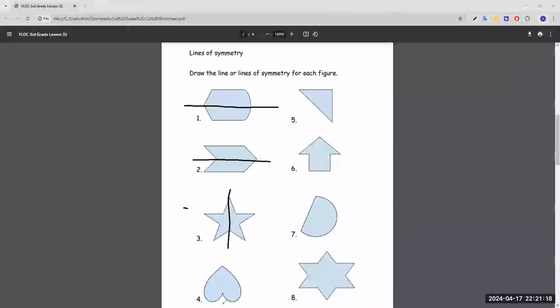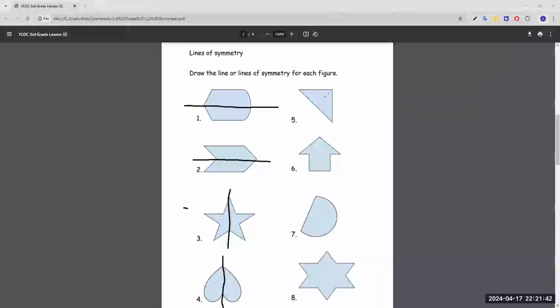Now, number four, we cannot do left and right because there's this on this side and that on the other side, so it wouldn't be similar. Instead, we have to do it from up and down because the left and right sides would match. Okay, so number five, we have a right triangle, and that's pretty similar to the problem before.